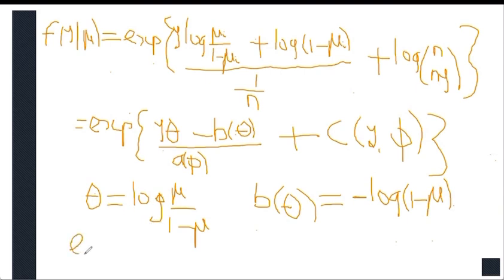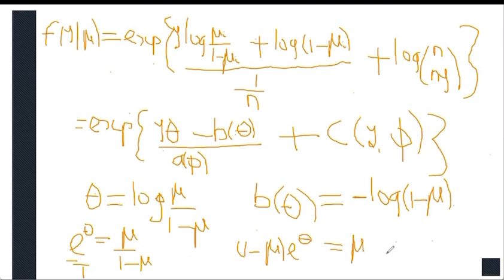Which means I'm going to have e raised to power theta equal to mu over 1 minus mu. Now if you want to solve for mu, you get 1 minus mu times e to the theta equals mu.